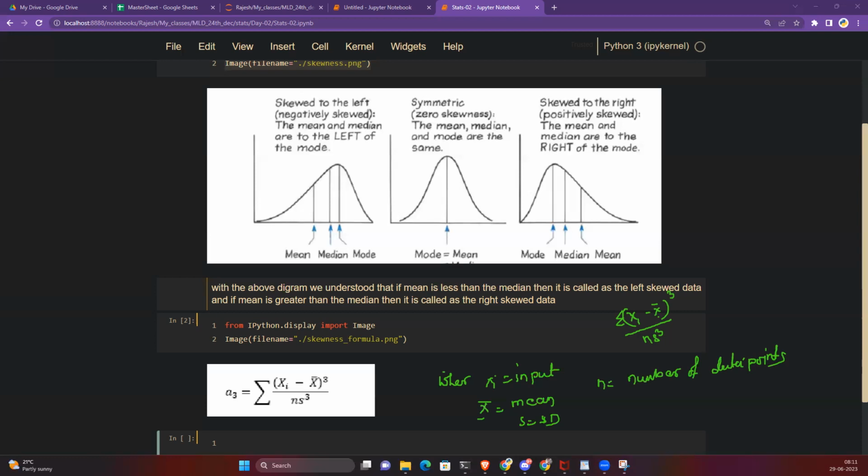Just in case you are thinking about how to calculate the skewness, let me draw these things. Let me write this down. Let's suppose, let me draw it on my whiteboard, just a minute.